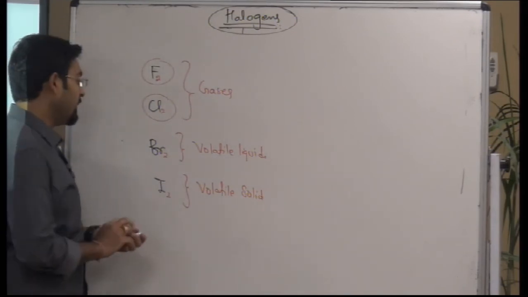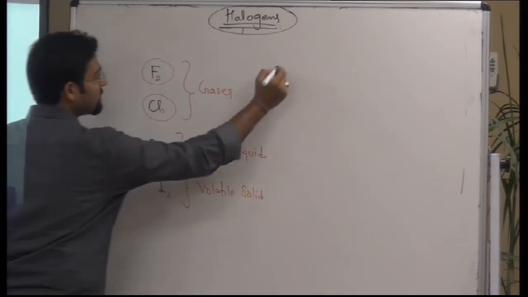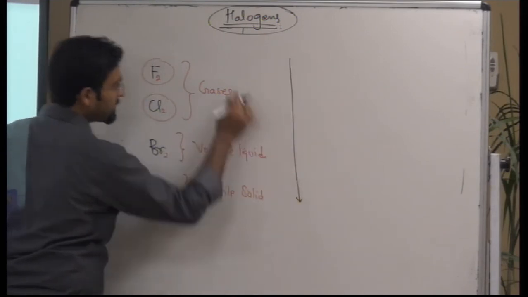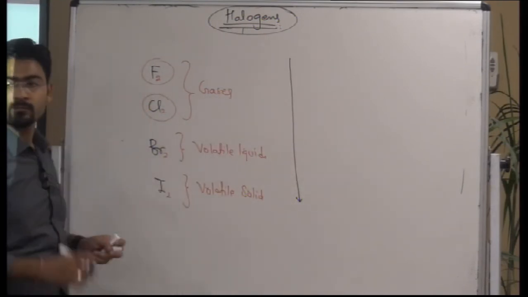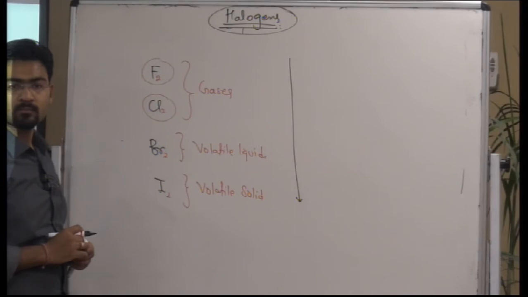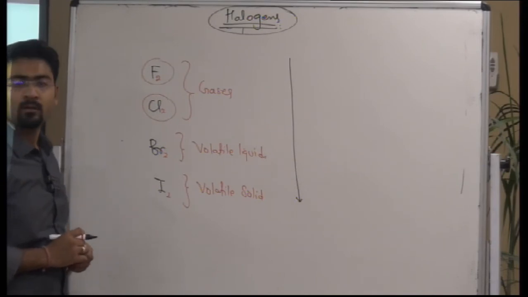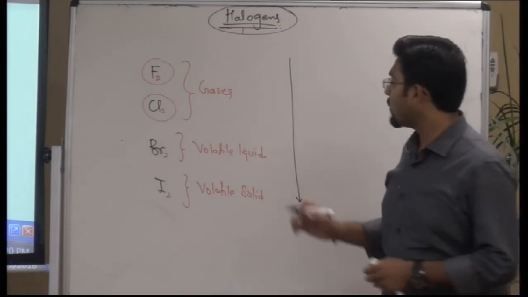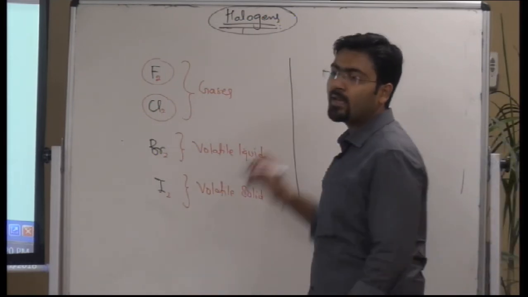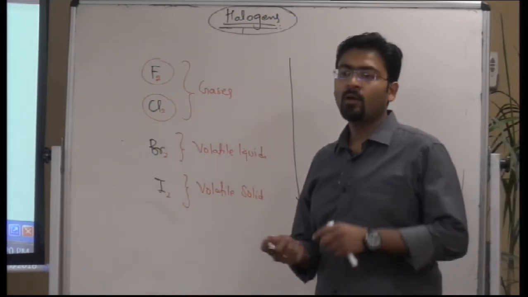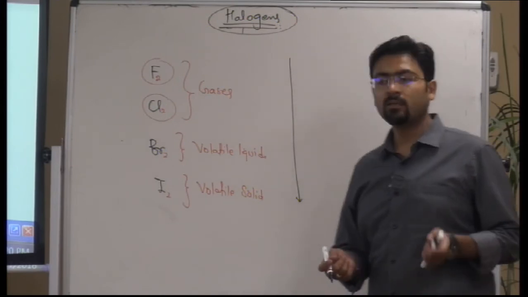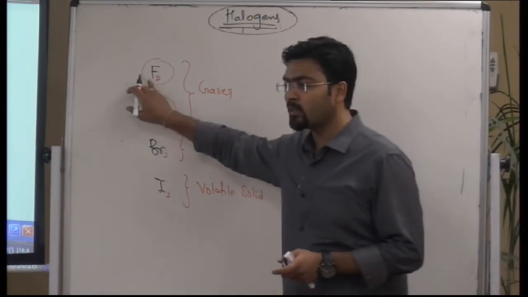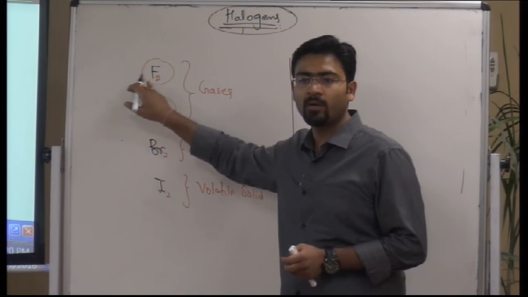Right. Now, can you just explain why this is gas, this is liquid, and this is solid? So how does that affect? Because of the increase in intermolecular forces of attraction, which is what kind of attraction we'll observe here between similar molecules.